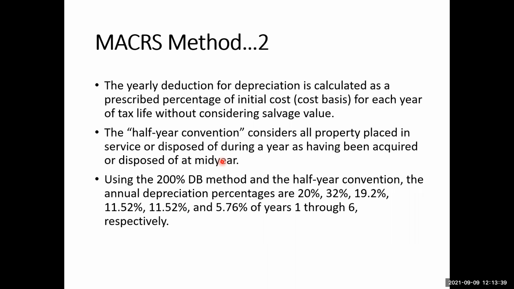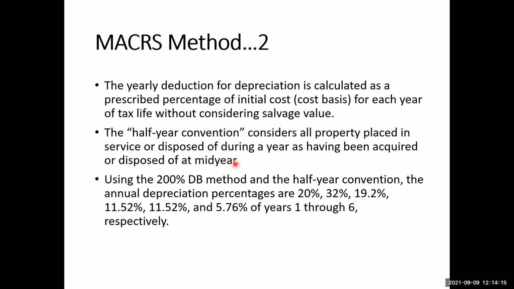Therefore this type of arrangement is mostly for considering the financial year as well. But anyway, for our simplicity, we just consider the calendar year. So anyway, this is the meaning. It will mean that if we have a property for which we have 5 years as the tax life, we will depreciate that asset 6 times.